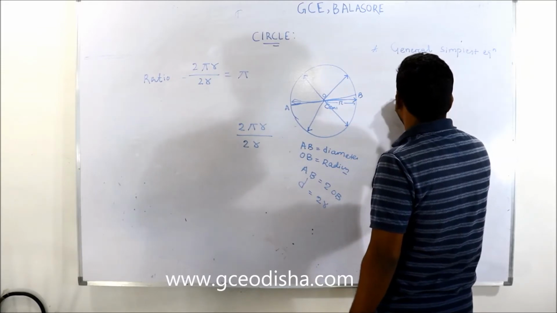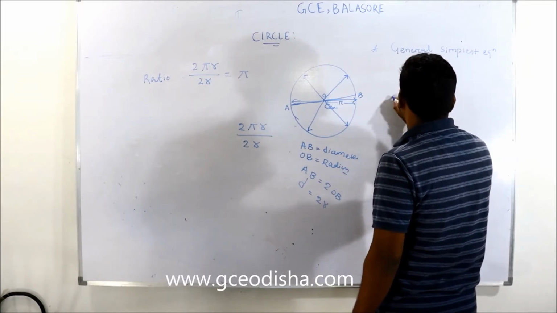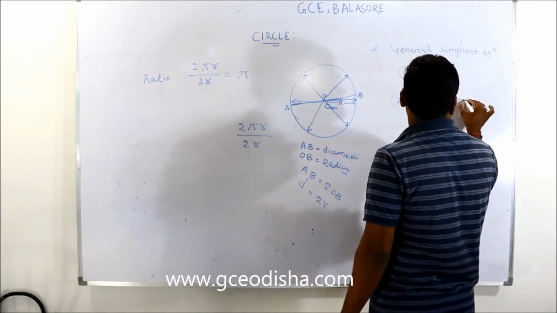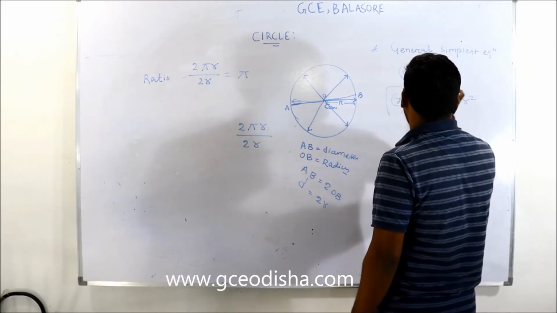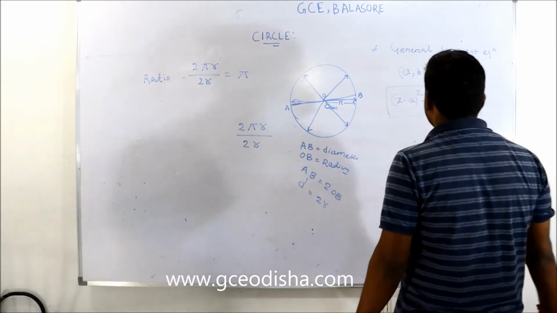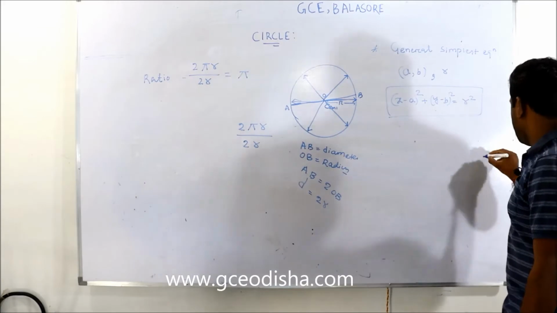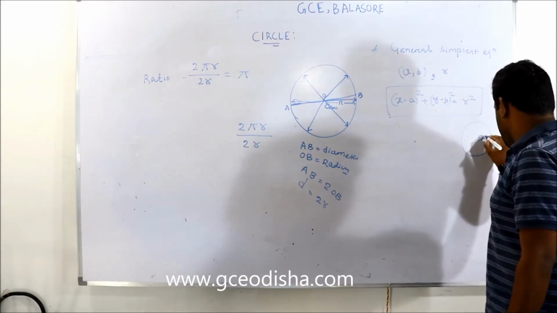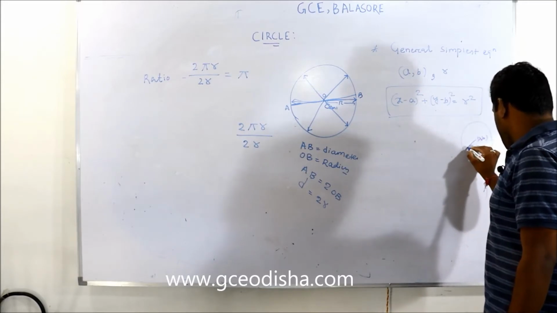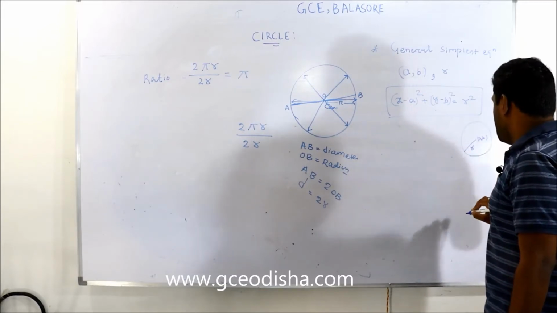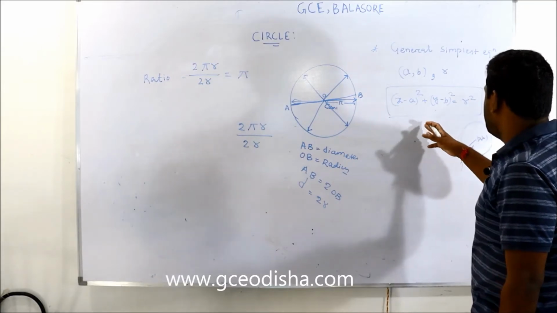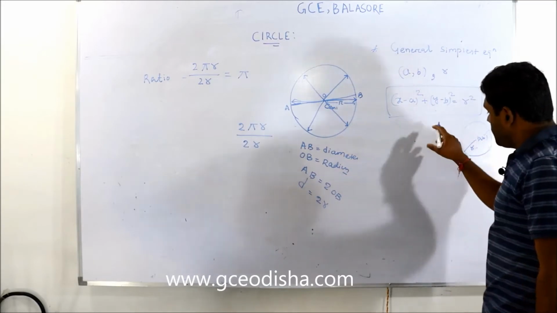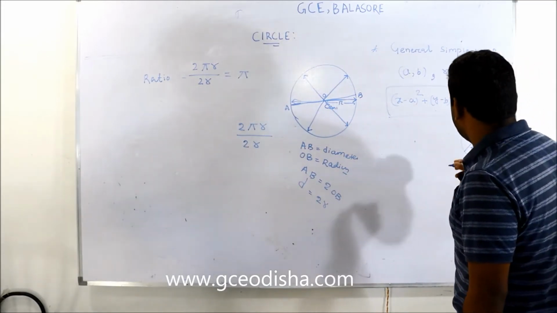Then the equation is (x minus a) square plus (y minus b) square is equal to r square. This is the simplest equation of a circle. When the center is (a, b) and the radius is r, we can easily find the equation of the circle.